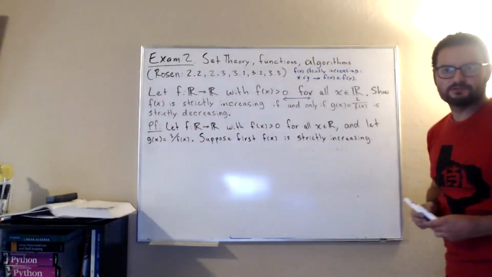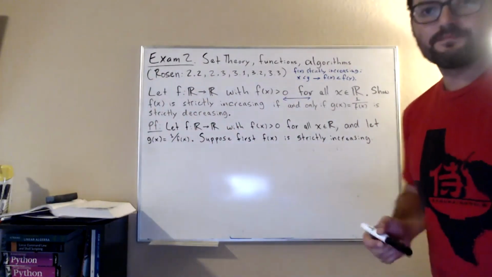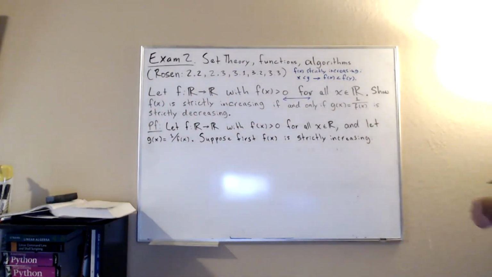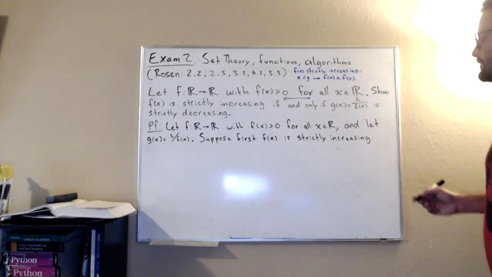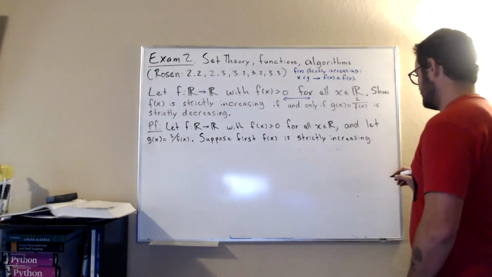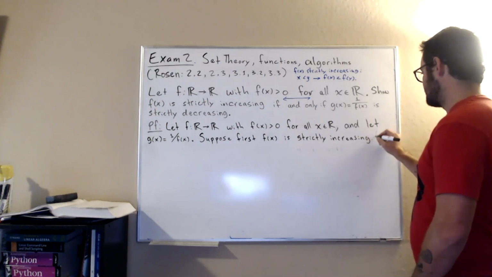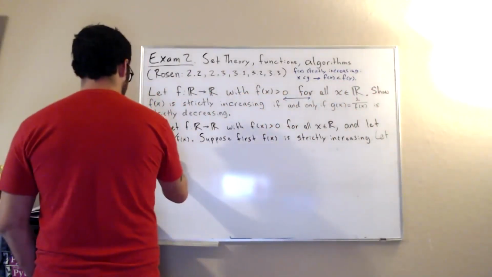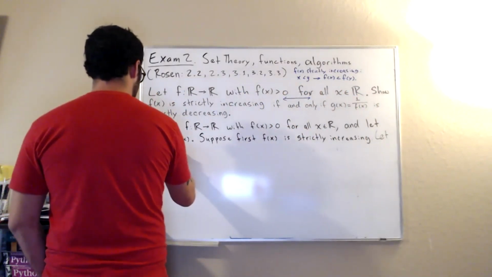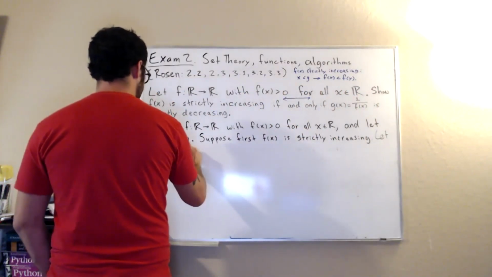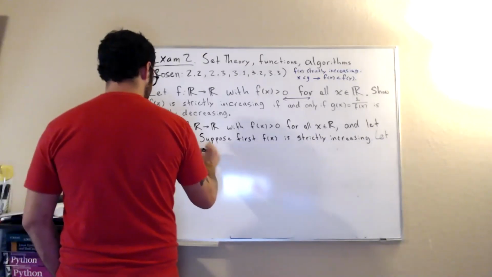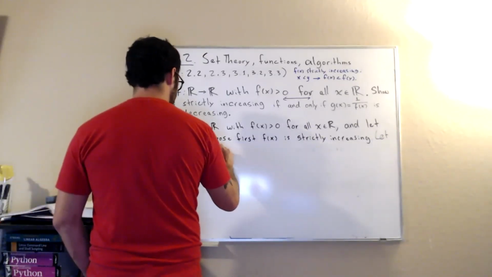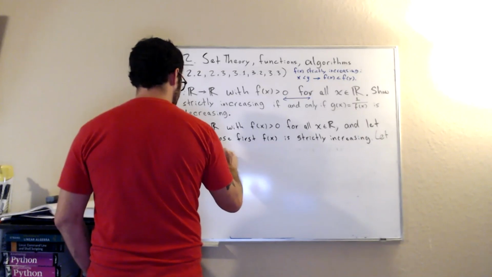That's the definition of being strictly increasing. Next we can say let x and y be real numbers with x strictly less than y.